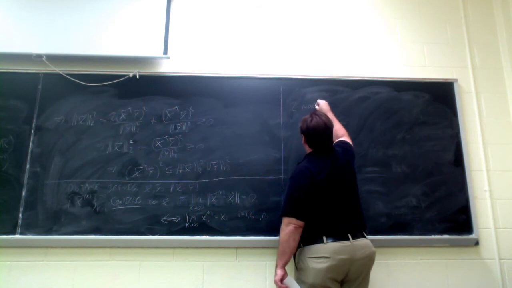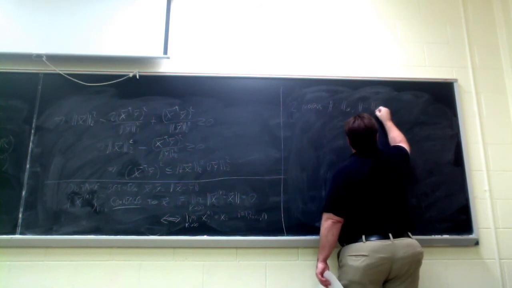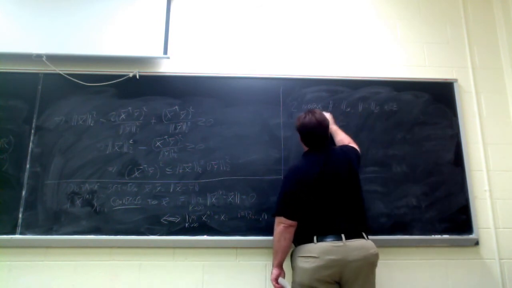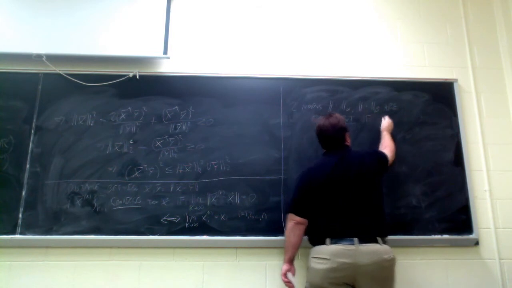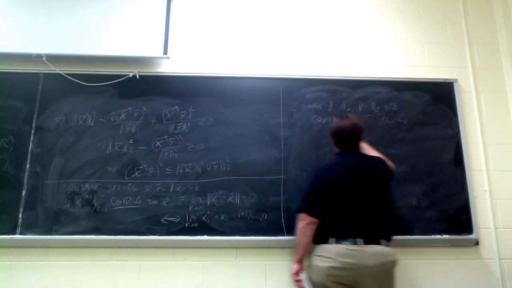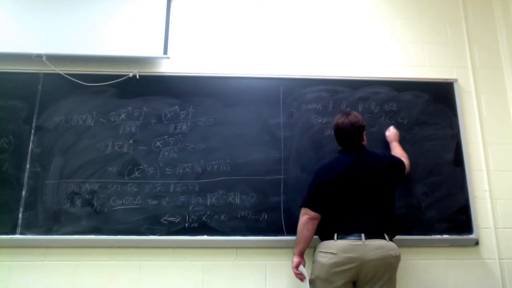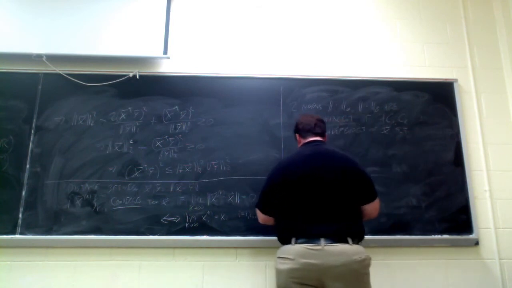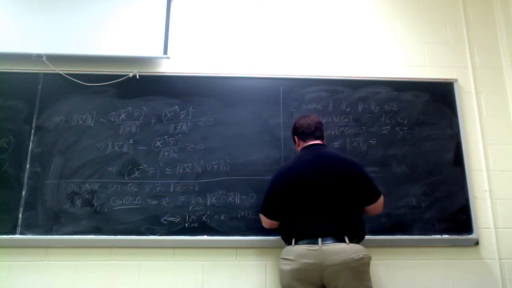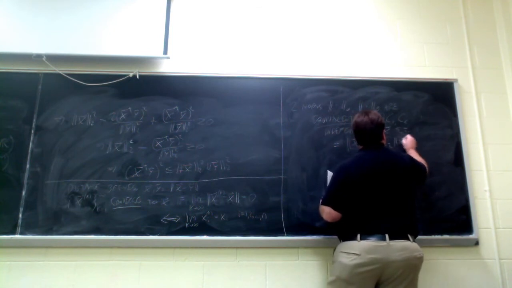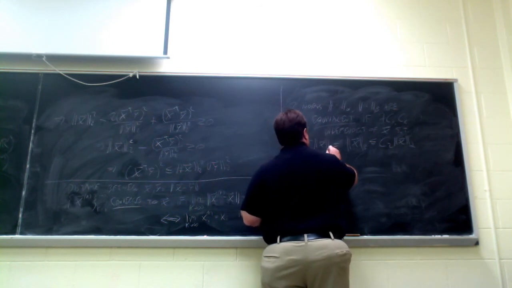So here is a very important concept: norm equivalence. Two norms, like the alpha norm and the beta norm, are said to be equivalent if there are certain constants, C1 and C2, that are independent of x, such that the beta norm of x is bounded above by C2 times the alpha norm, and bounded below by C1 times the alpha norm.